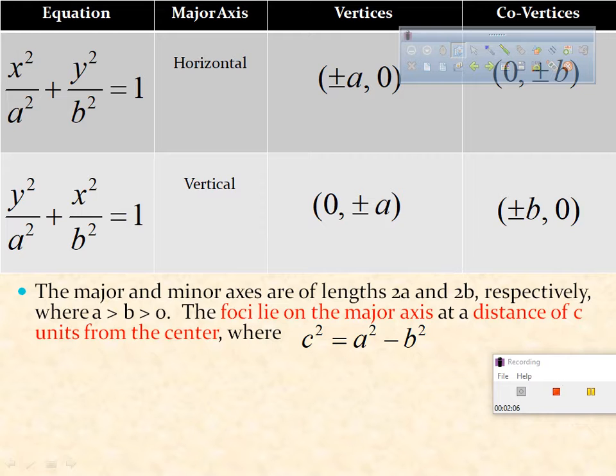To find the foci, you have to know the distance c from the center. The formula almost looks like the Pythagorean theorem: c squared is equal to a squared minus b squared. So the two major things you need to remember are, 1, an ellipse is always equal to 1, and 2, for the foci, the formula is c squared equals a squared minus b squared.